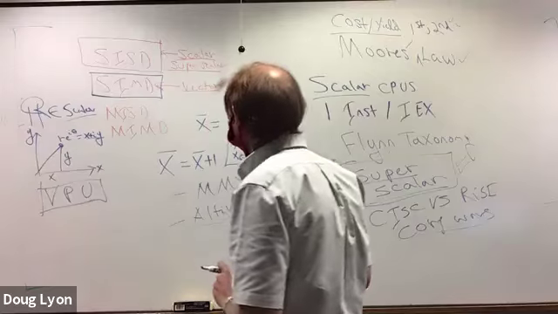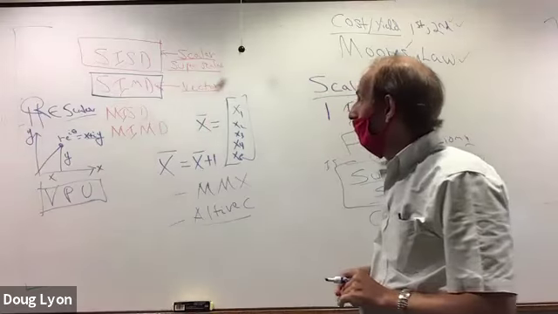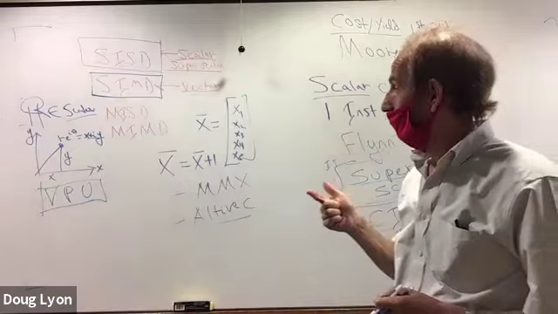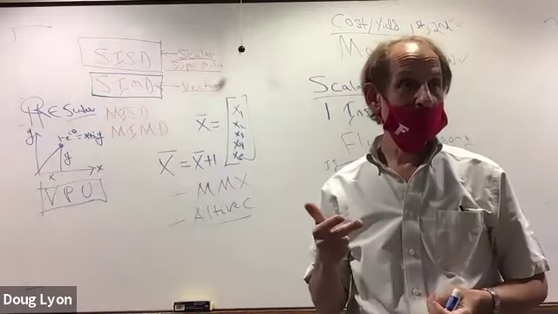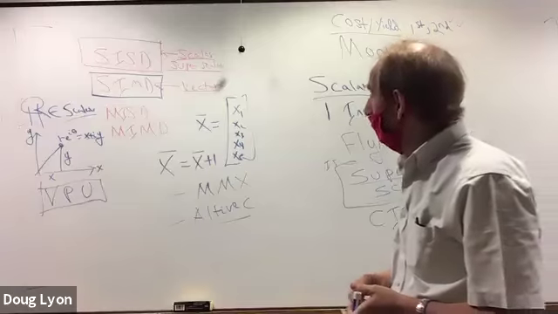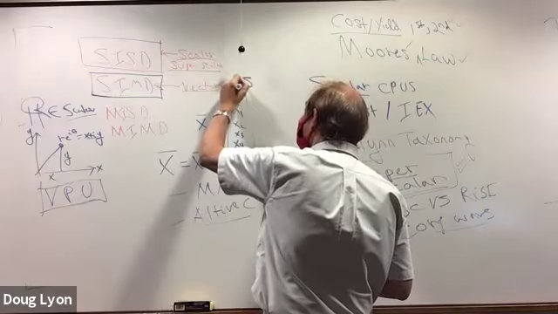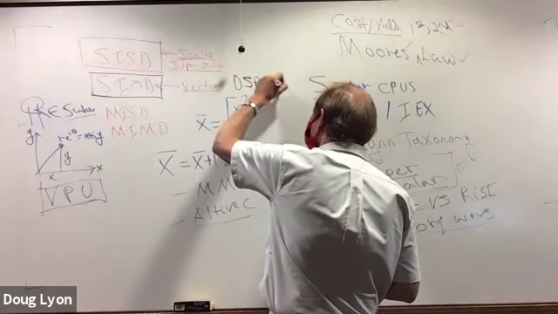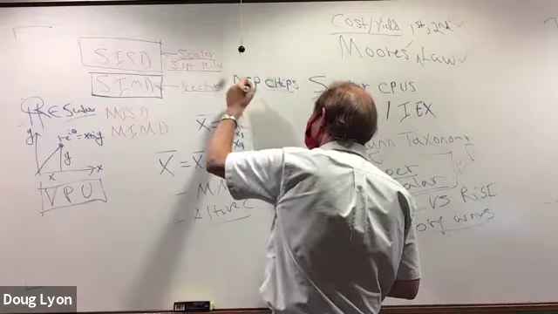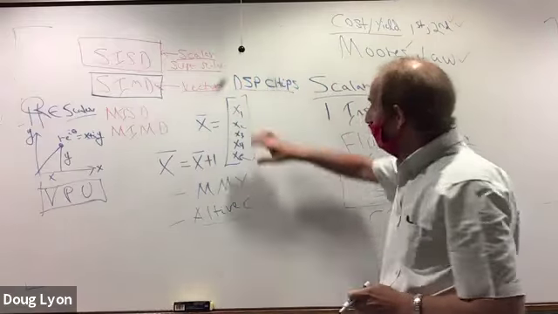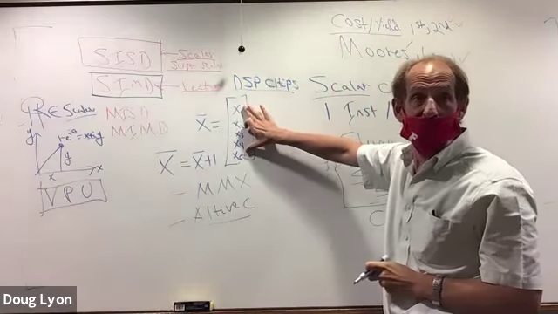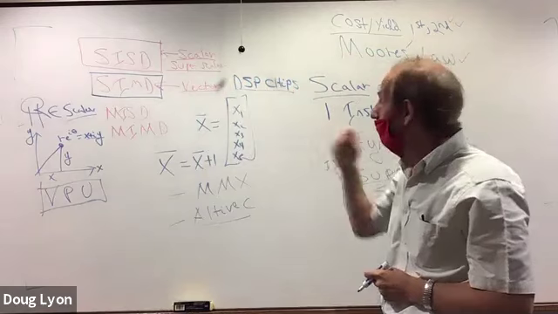So now we've got SISD, scalar and superscalar, and we have SIMD. This is vector. Other vector architectures include DSP chips, because the DSP chip is meant to process a stream of data coming in.